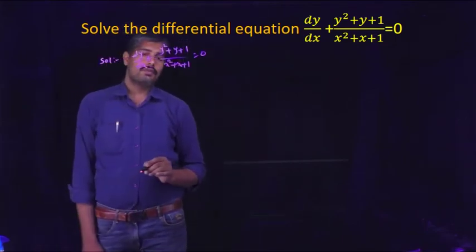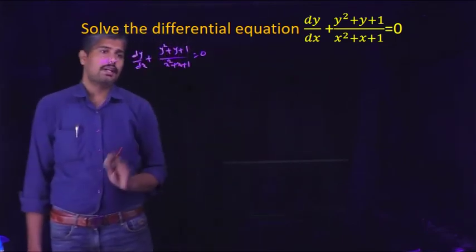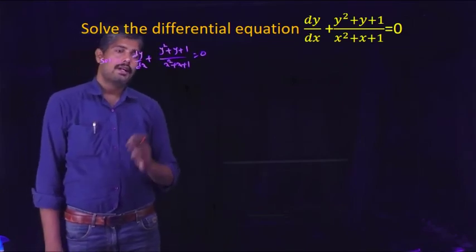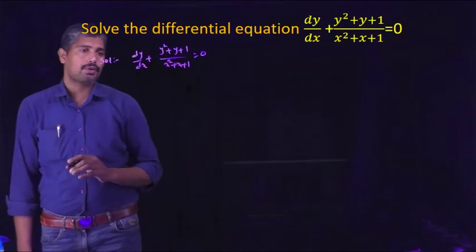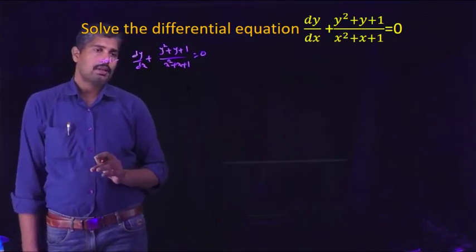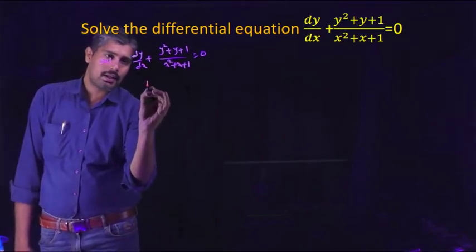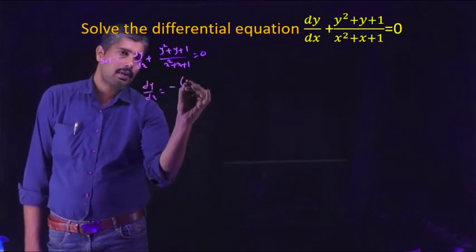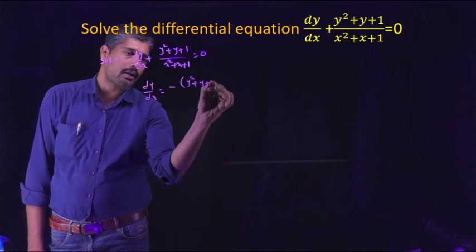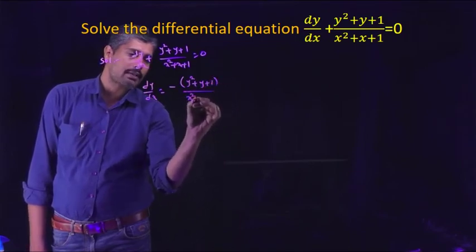How to solve this one? Clearly, y terms are on one side and x terms are on the other side. Definitely we are separating both. There is no need to substitute here. That is dy by dx equal to minus of (y square plus y plus 1) by (x square plus x plus 1).